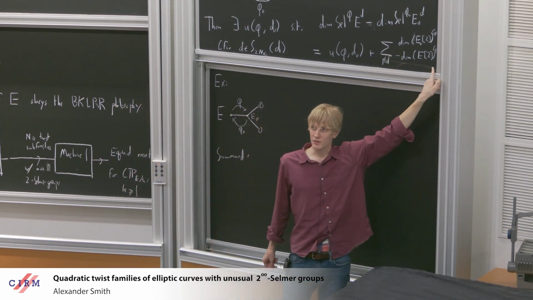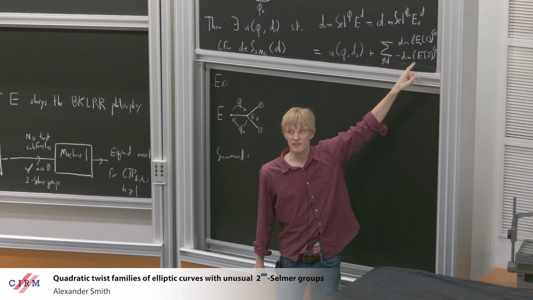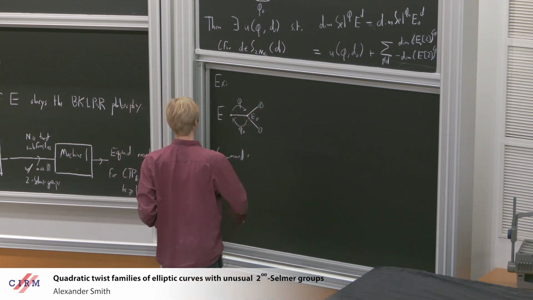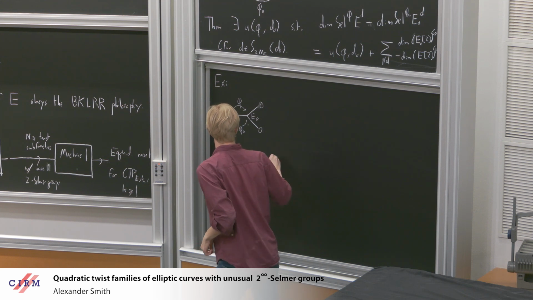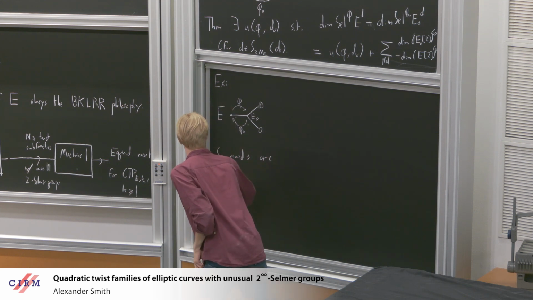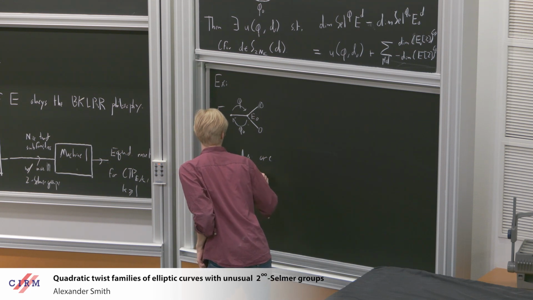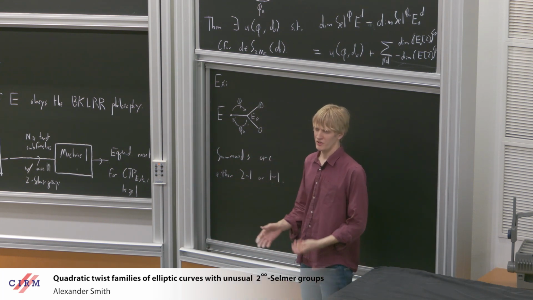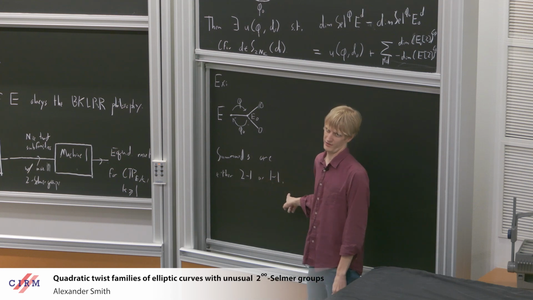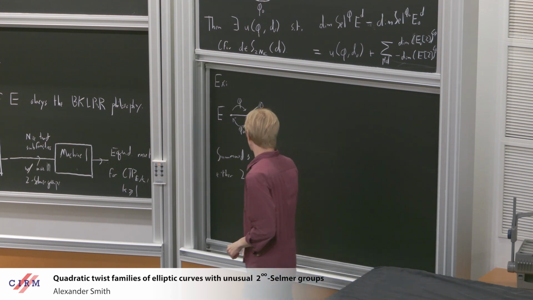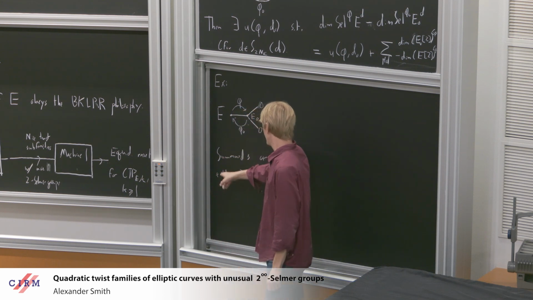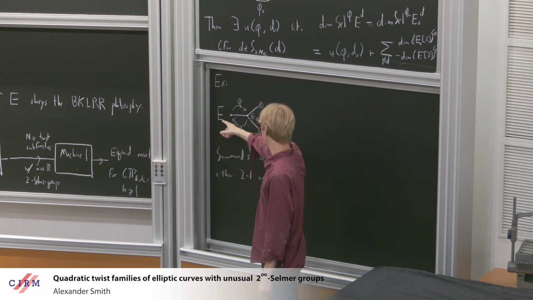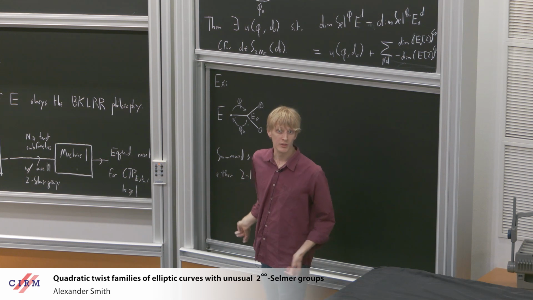And then the second term can either be 1 or 2, depending on whether p splits in the splitting field of the 2 torsion of E. So in this case, the summands are either 2 minus 1 or 1 minus 1. So they're either 1 or 0. And we expect them to be half of this and half of this, approximately. And so what that means is that as d gets more and more prime divisors, we expect the phi Selmer group of E to grow uncontrollably.